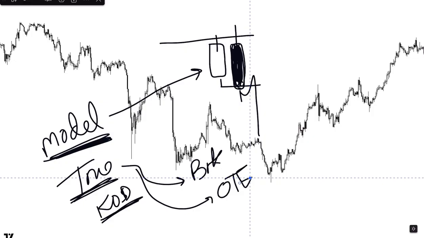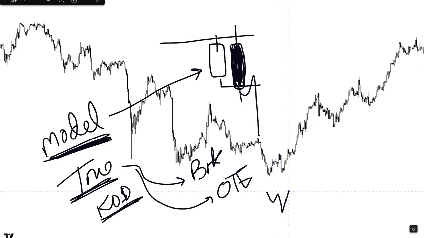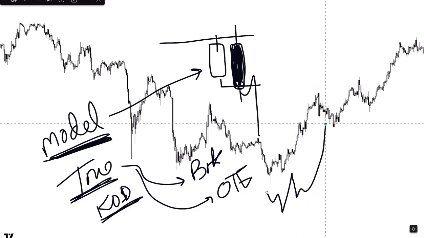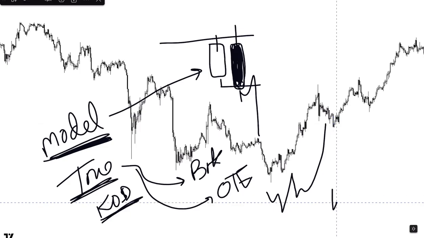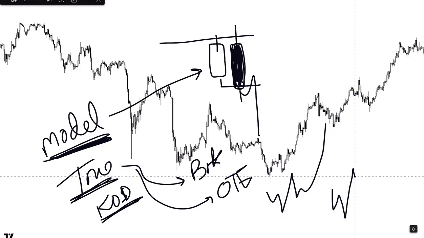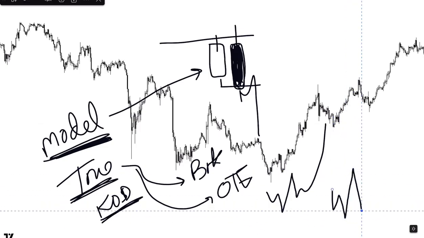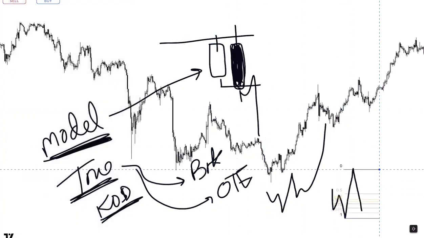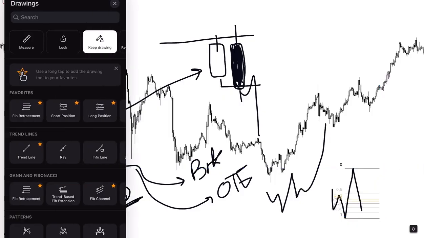Those are all nuances of the OTE. Sometimes you have an OTE, it goes just a little bit once and then it rallies up. Sometimes you have an OTE where it goes really deep all the way down to the 0.886 Fibonacci level, and then it rallies higher. So even deeper than that.